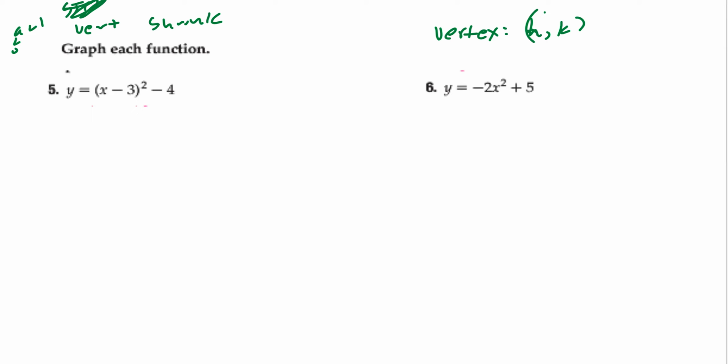So look at the first one here. Right, so let's find the vertex. We're just going to do inside opposite, outside follow. So my vertex is inside opposite, which is 3. Outside follow, negative 4. And you notice my A is 1, so it's opening up. And I'll give myself a little grid here.